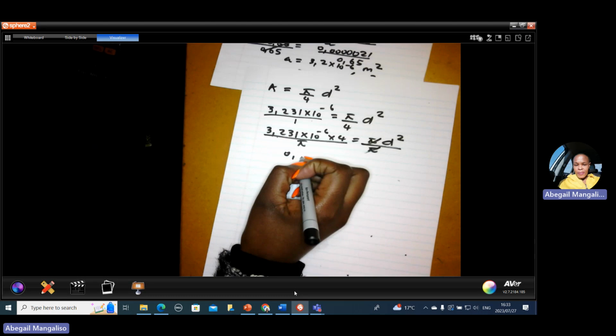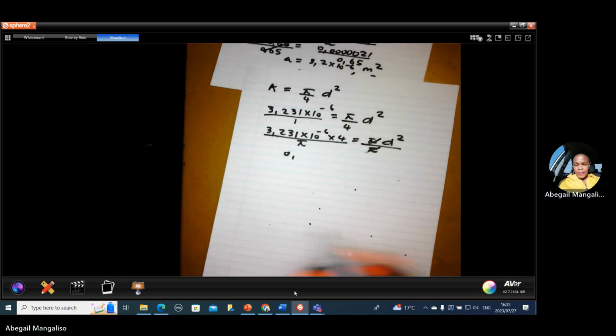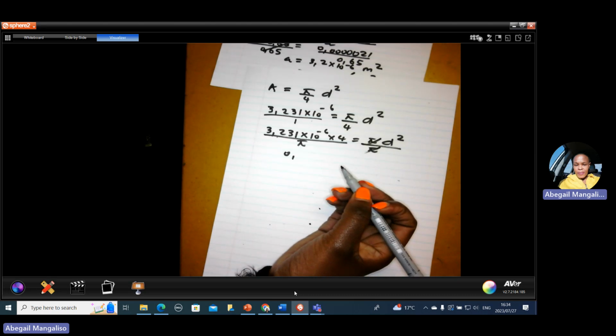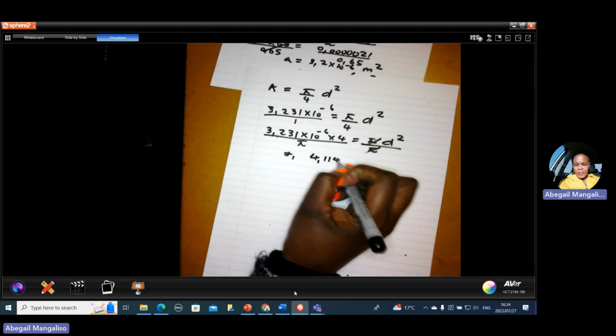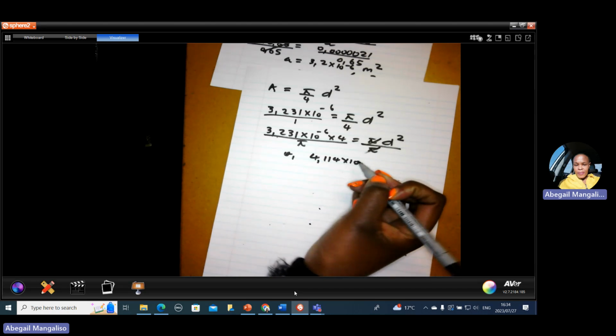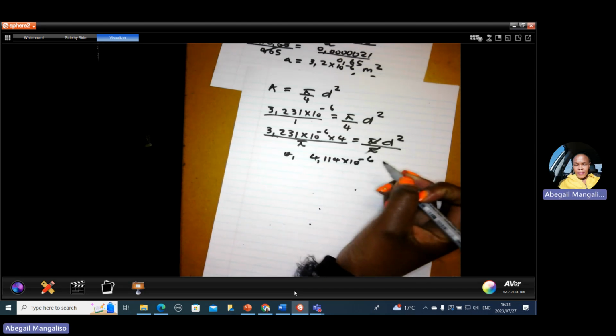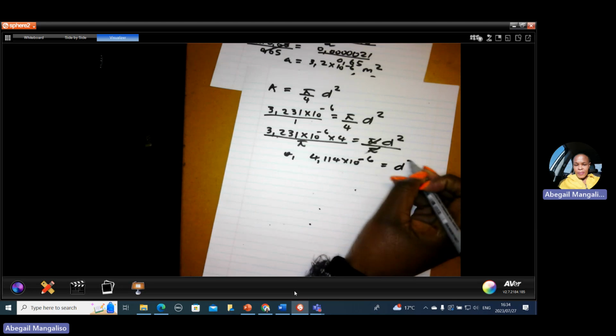This is 4.114 times 10 to the power negative 6 equal to d squared.